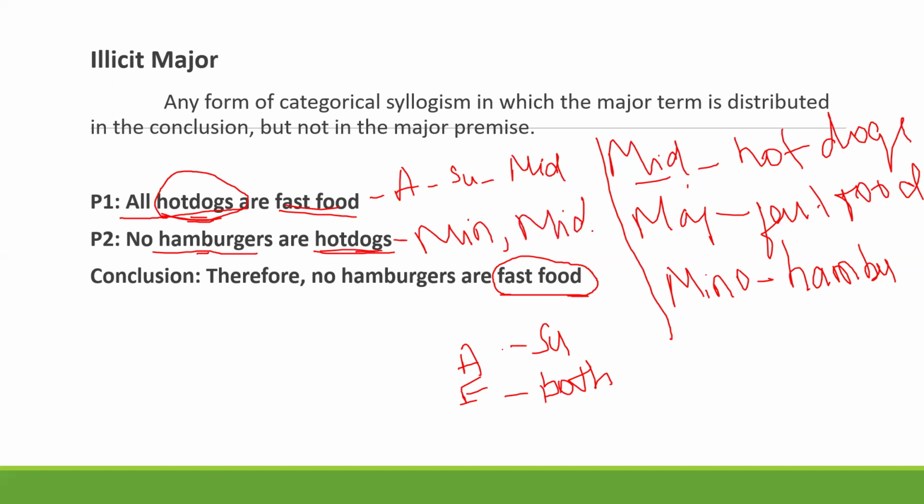So here also the minor term and middle term are distributed, not the major term. Again, in the first line the middle term is distributed, and in the second line the minor term and middle term are distributed. So we come to know this is an illicit major, because the major term is not distributed in either of the premises.